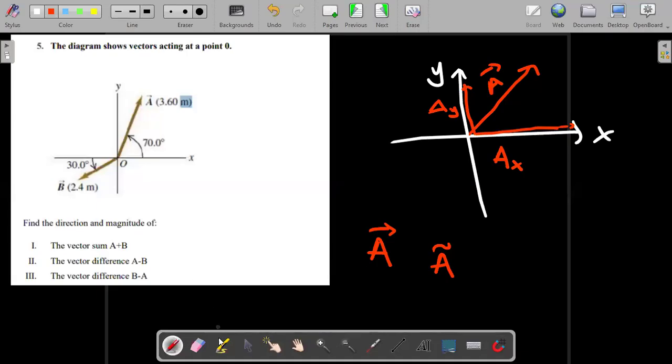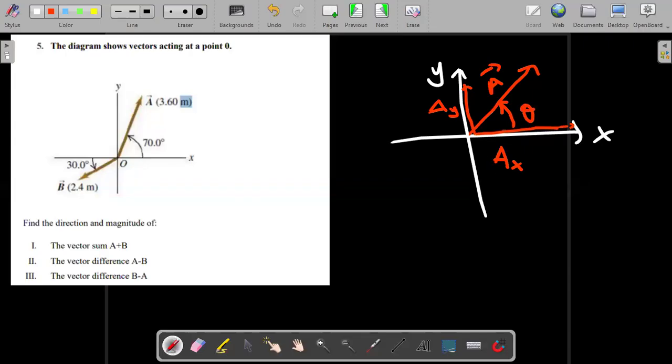Now we need to take note of some key formulas which we will use to solve this question. One of the key formulas: this vector is at an angle, so let's say this is our angle theta there.